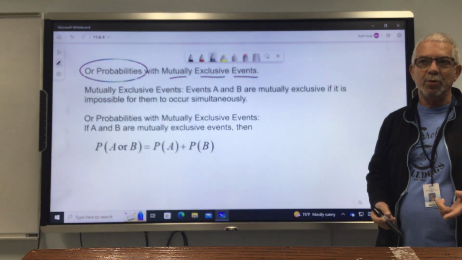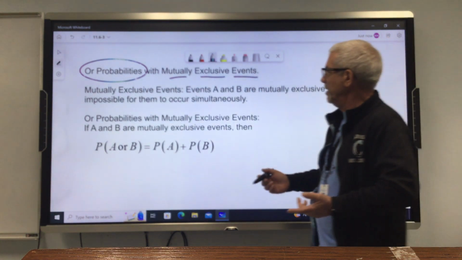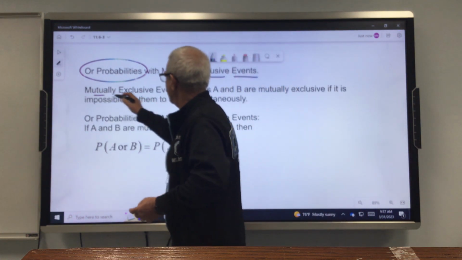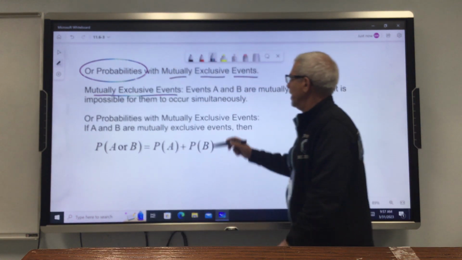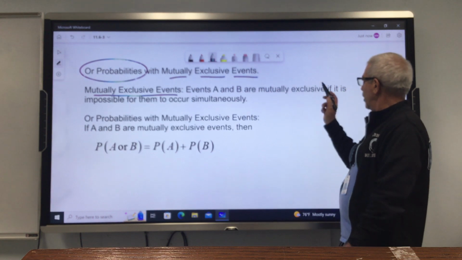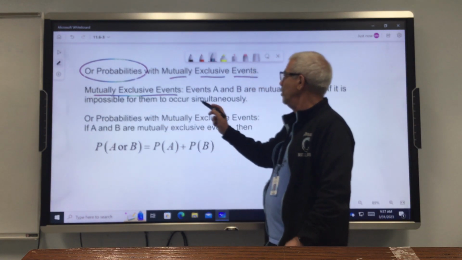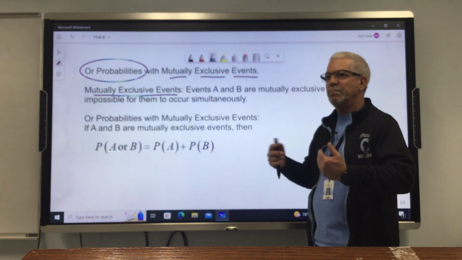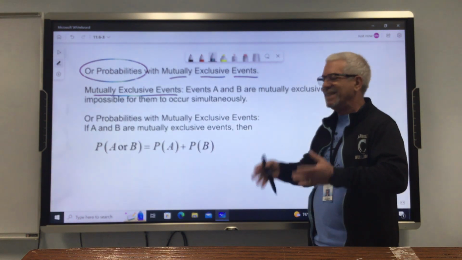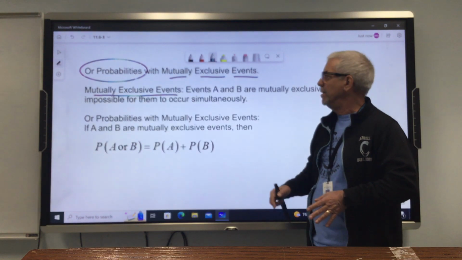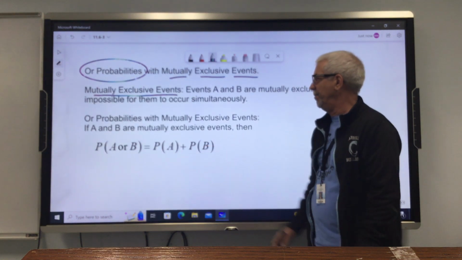But you need to know what a mutually exclusive event is. And here you have the definition. Events A and B are mutually exclusive if it is impossible for them to occur simultaneously. That means that they cannot happen at the same time. All right? That is when they are mutually exclusive.